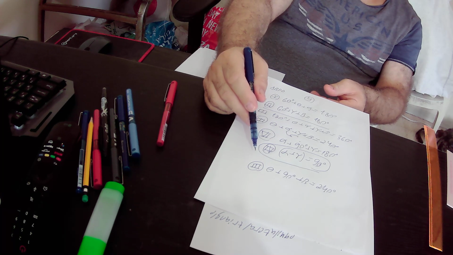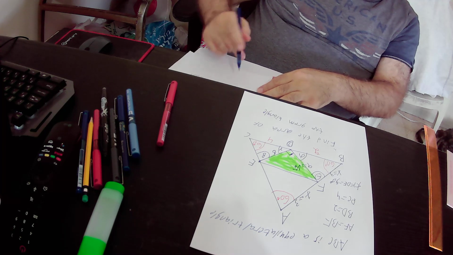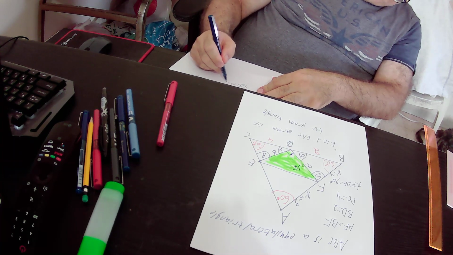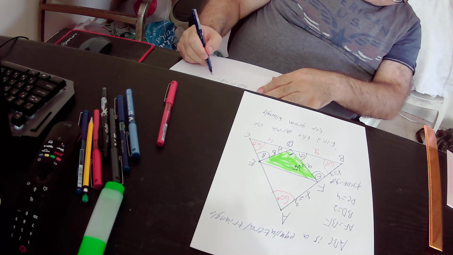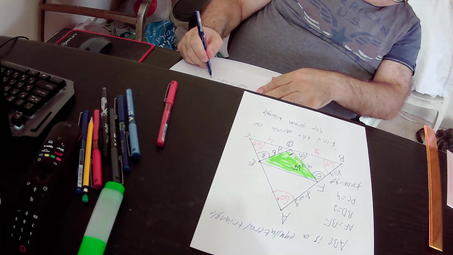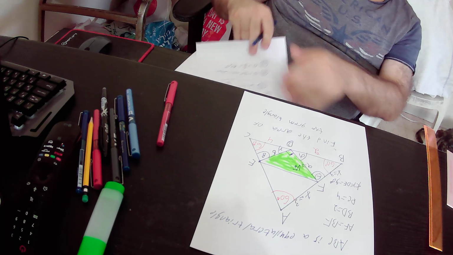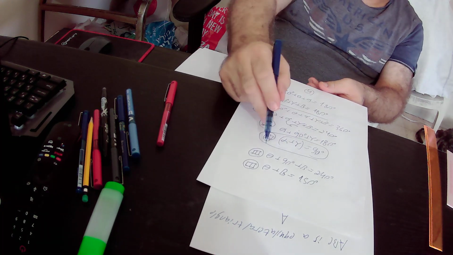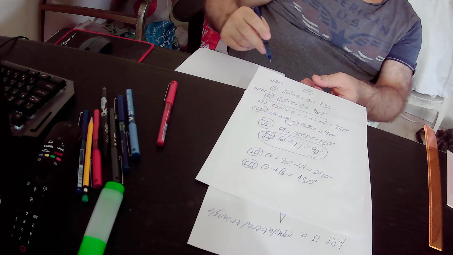We'll subtract 90 degrees from the third equation, and we will get that theta plus beta equals 150 degrees. Okay, we subtracted 90 degrees from the third equation, and we got that theta plus beta equals 150 degrees.